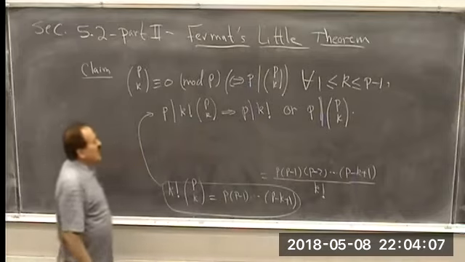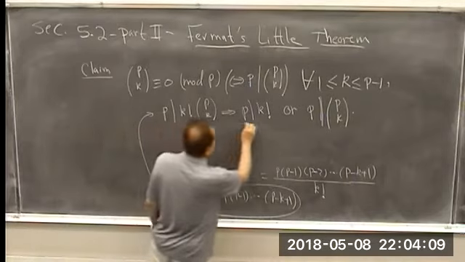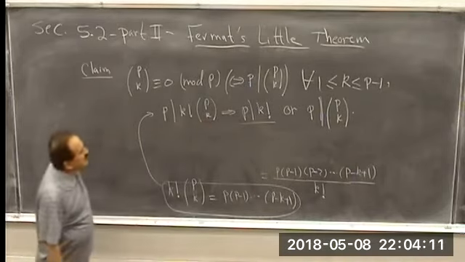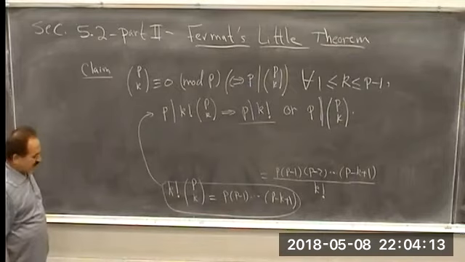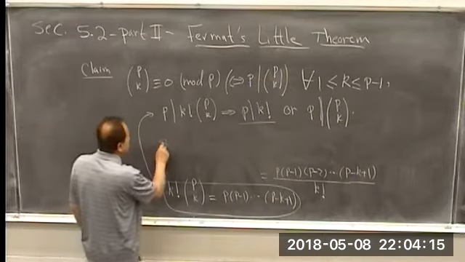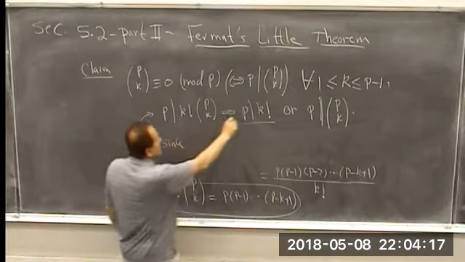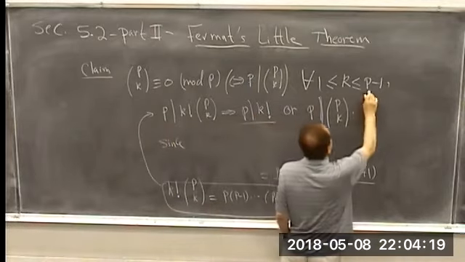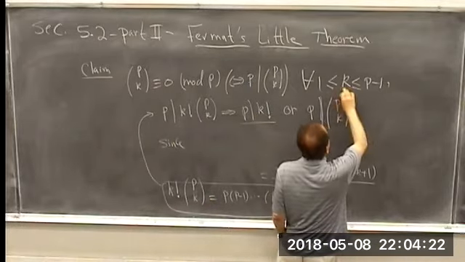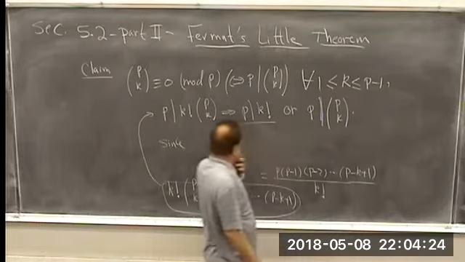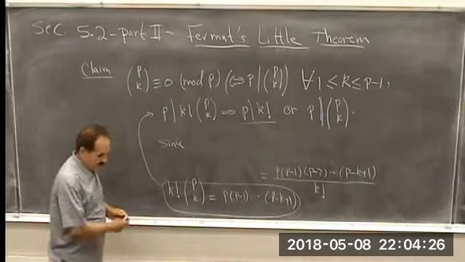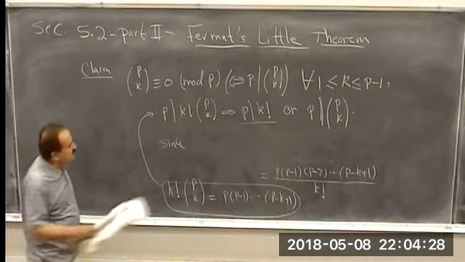All right, I'm going to show that the first possibility can't happen. Now, remember this is for every k between 1 and p minus 1. And actually, let me start with this.